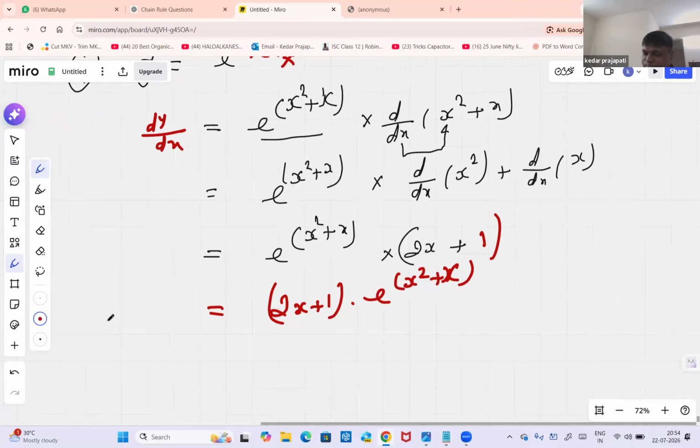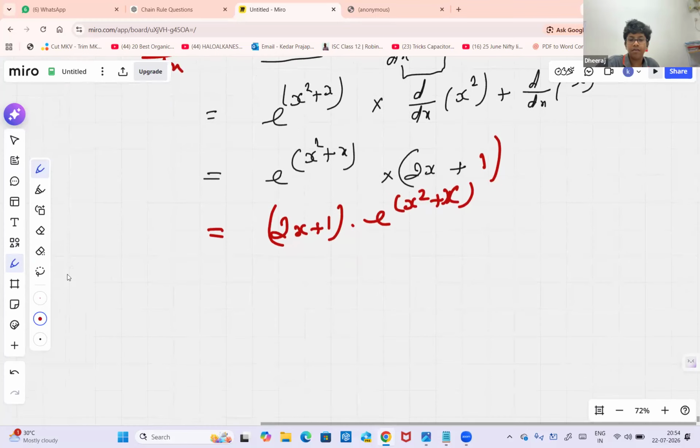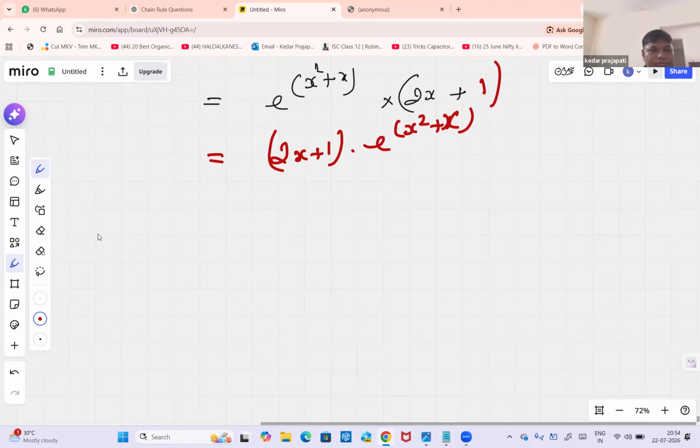Okay. Now we'll do some tricky ones. Fifth: y equal to e to power x plus 1 whole square.